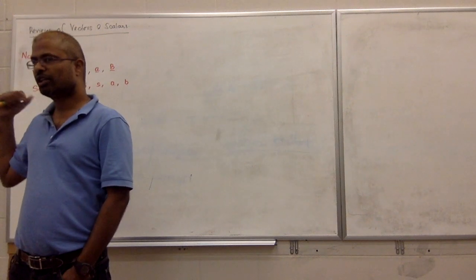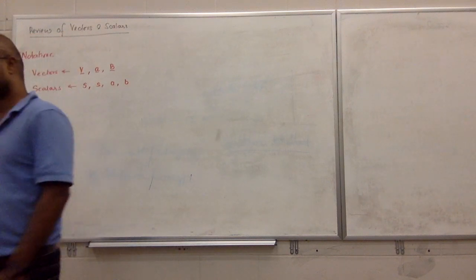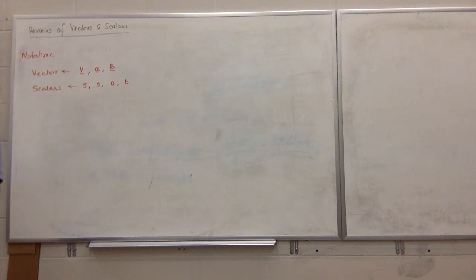We cannot do the bold case on board. We won't be able to distinguish it properly. But in textbook, it is bold case. Vectors are bold case. But you don't care about the capitalization as long as it doesn't have an underline. Correct.